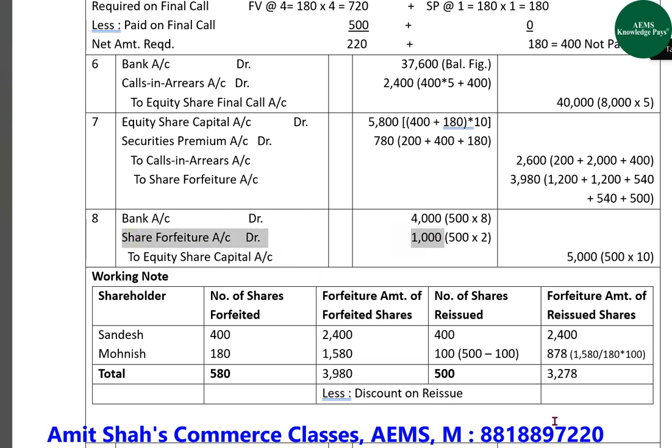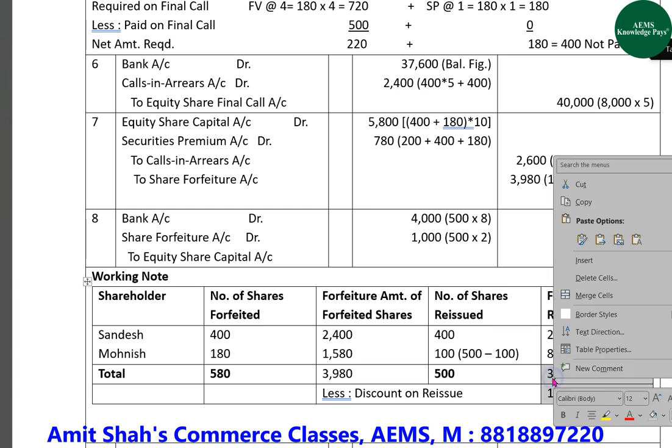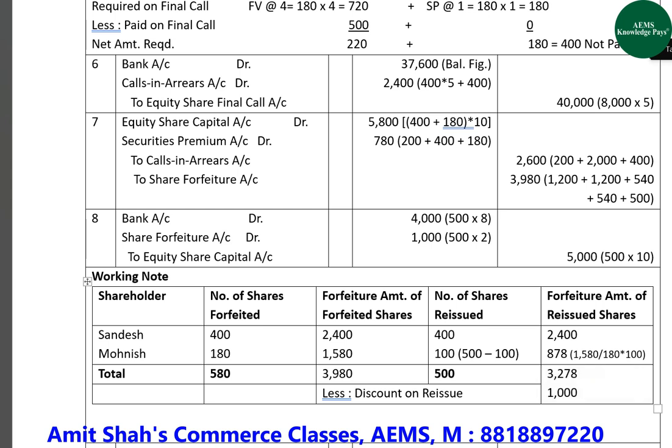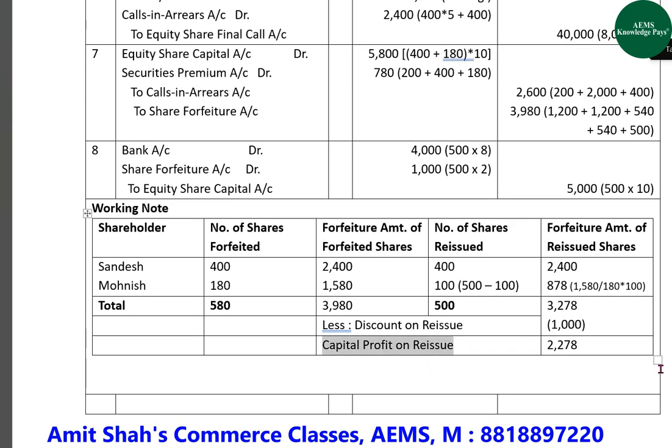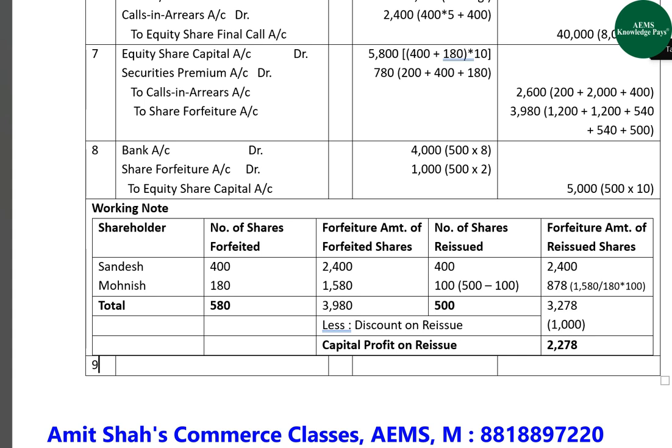This one, right? Yes, sir. Still we have in our hand 2,278, and this is our capital profit on reissue. So the last entry here is for capital profit.